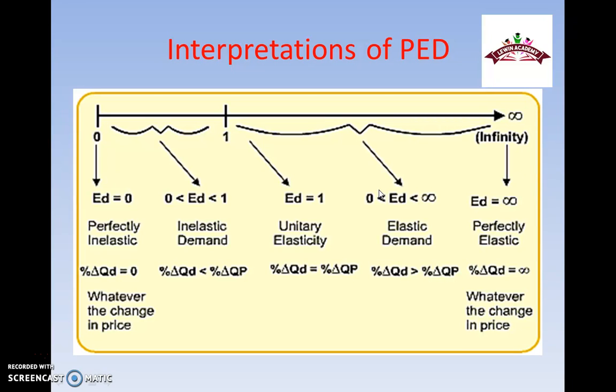For example, you have a car and you want a new car, but what if the price of the new car that you want increases? Then you can respond to that change in price and decide not to buy that car. So your demand will be elastic. You have a power to change and say, yes, you want to buy the car, or no, you don't want to buy the car.